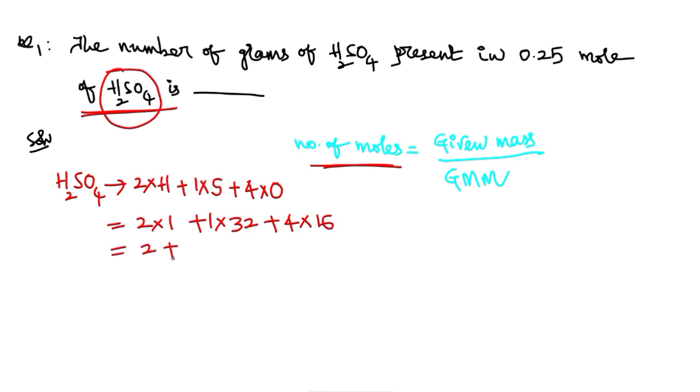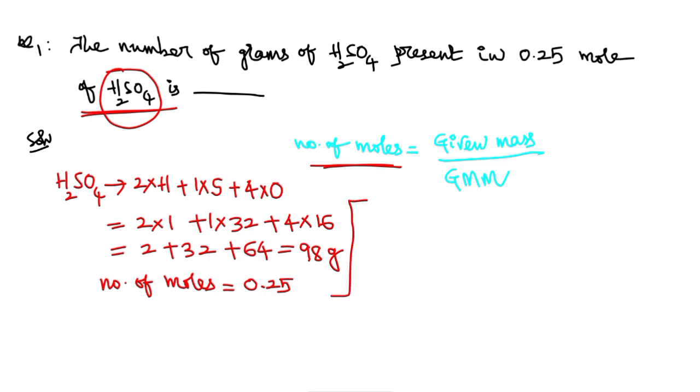So 2 plus 32 plus 64, which is equal to 98 grams, and given the number of moles is equal to just 0.25. If you substitute these things here, you will get 0.25 is equal to the mass required. We have to find out.